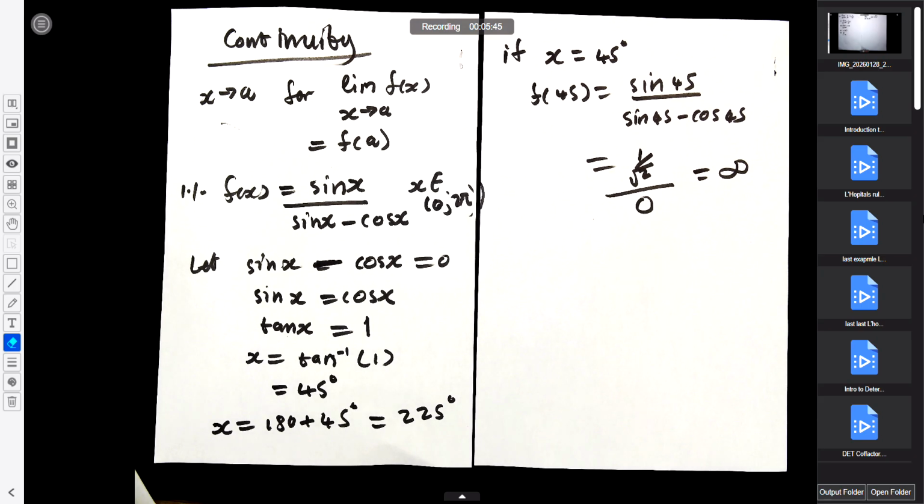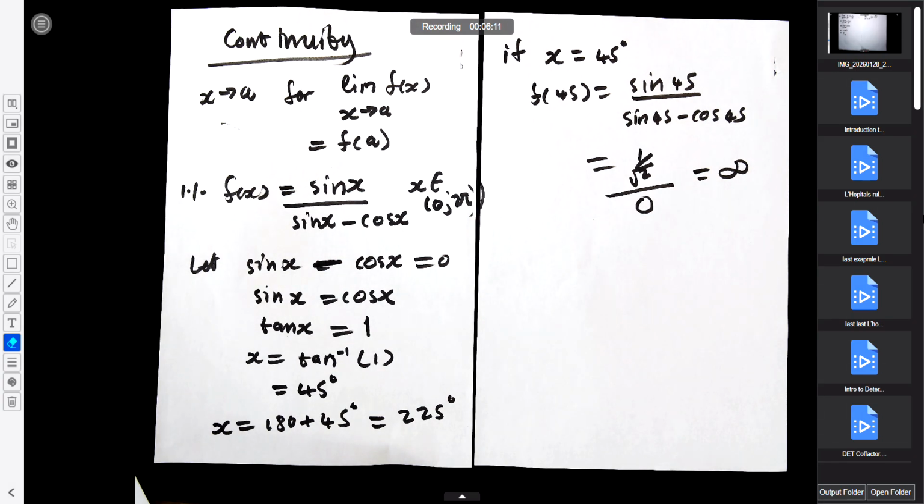When we convert to radians, what do you have? Divide 45 over 180, which is 1 over 4.